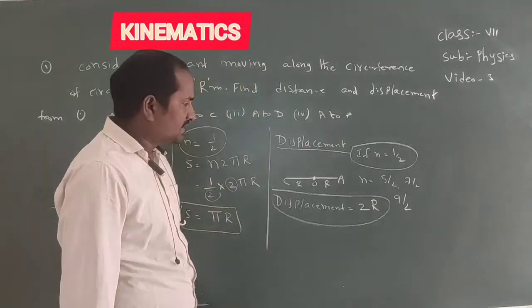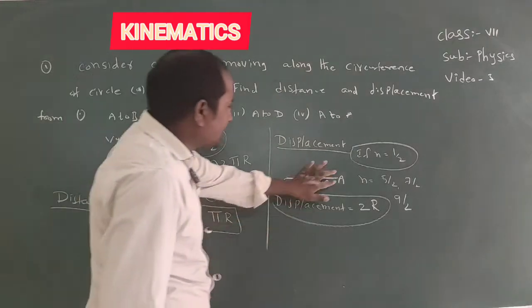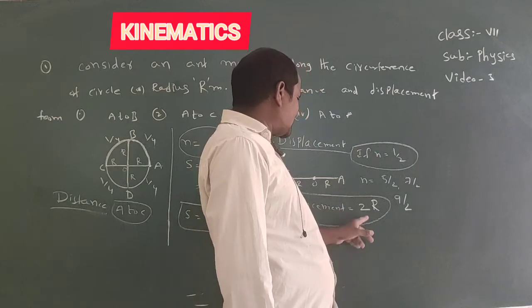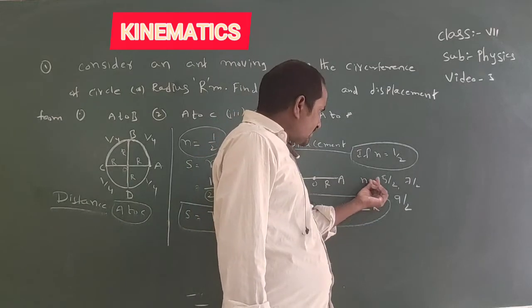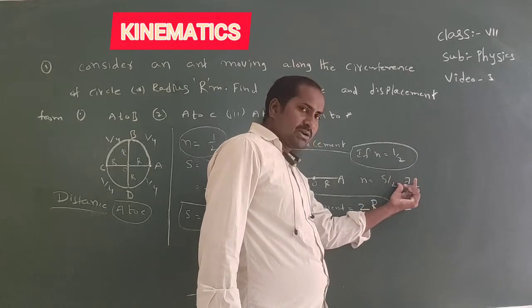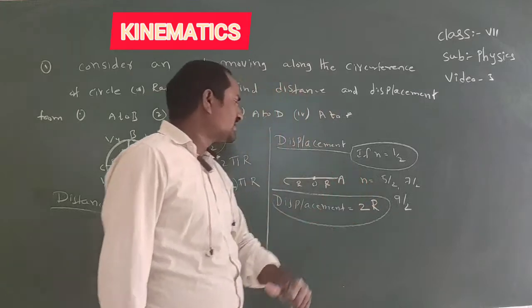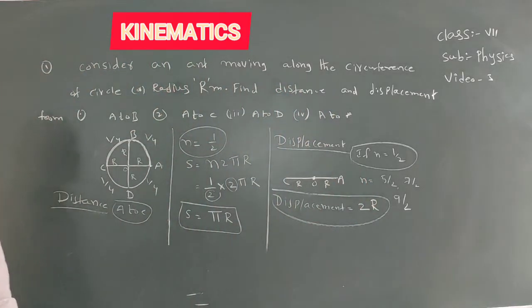Here n means how many times it is revolving in a circular path. Even if n equal to 7 by 2, displacement is 2r.